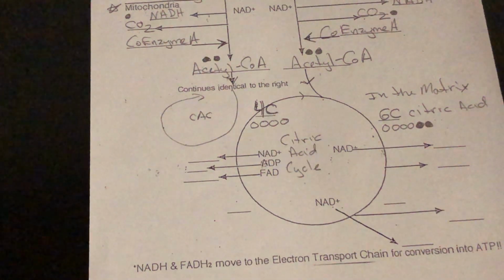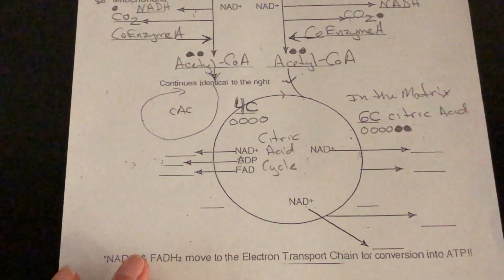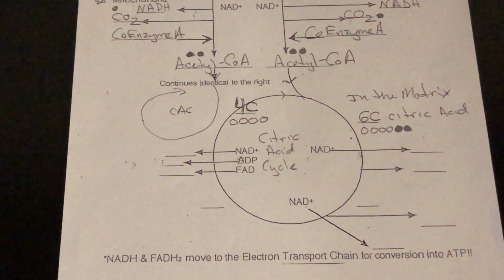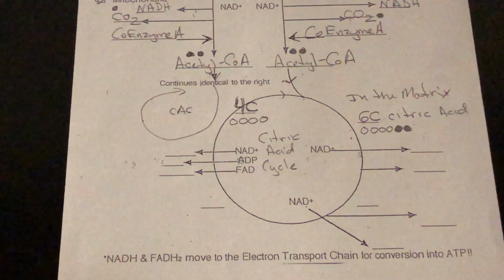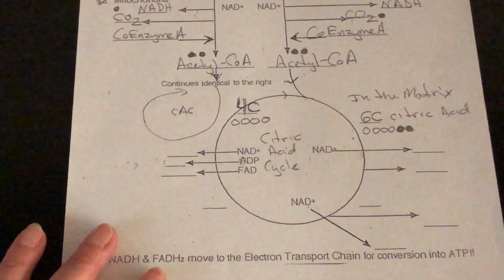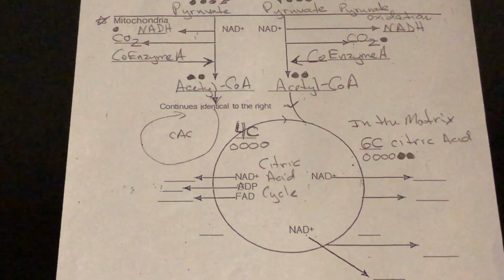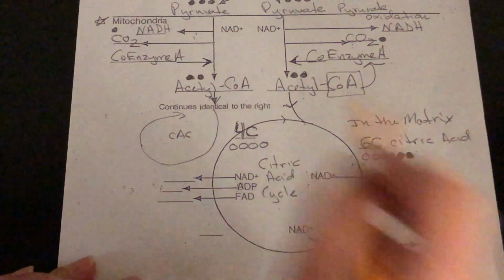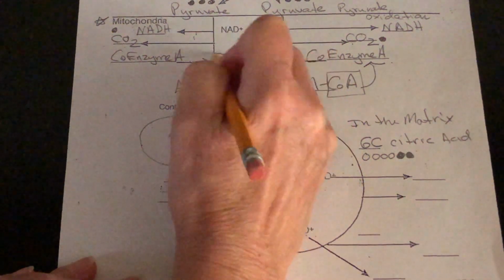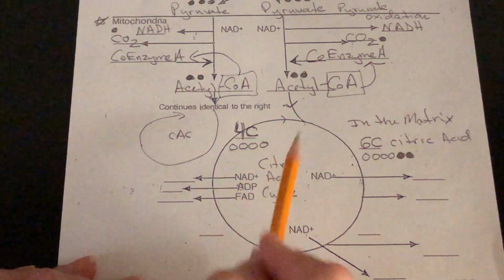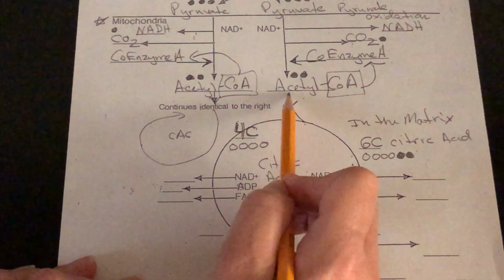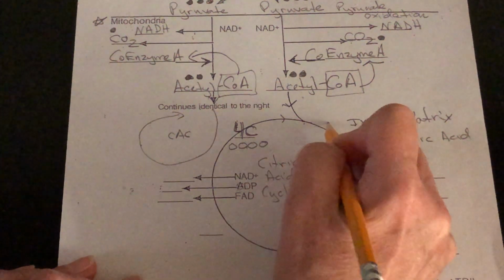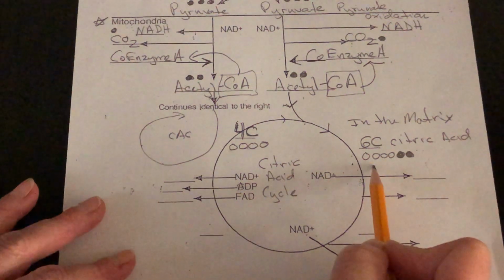So it's the 4-carbon compound, the oxaloacetate, chemically bonded to the little 2-carbon from the acetyl-CoA. Now, the CoA, the coenzyme, is simply a carrier. It's like an Uber, and so it has to drop off its cargo. So this is going to drop off and go back up so it can pick up another one. Same one over here. It's going to drop it off and go in. So the only thing that actually goes into the citric acid cycle are these 2 carbons, the acetyl. So the acetyl is going to bond with the oxaloacetate, and as it comes around here, it's going to form a 6-carbon compound.